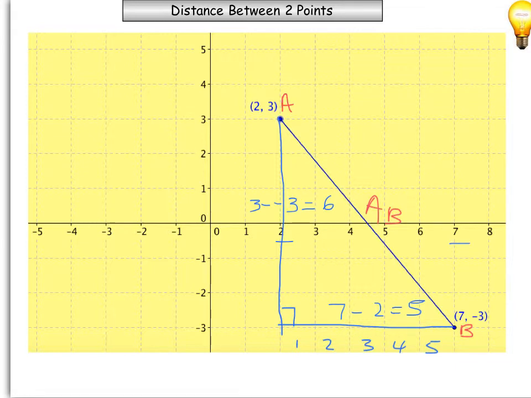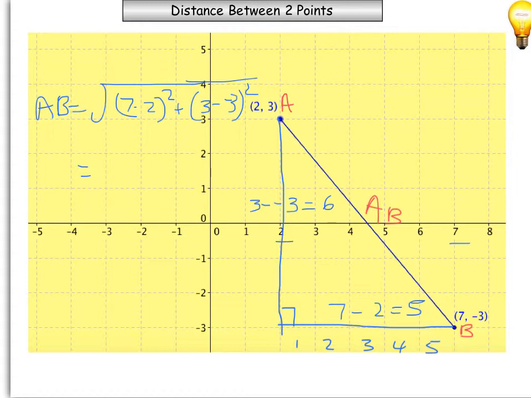And so if we were to find AB, it equals the square root of (7 minus 2) squared plus (3 minus -3) squared. That equals the square root of 5 squared plus 6 squared, which equals the square root of 61.